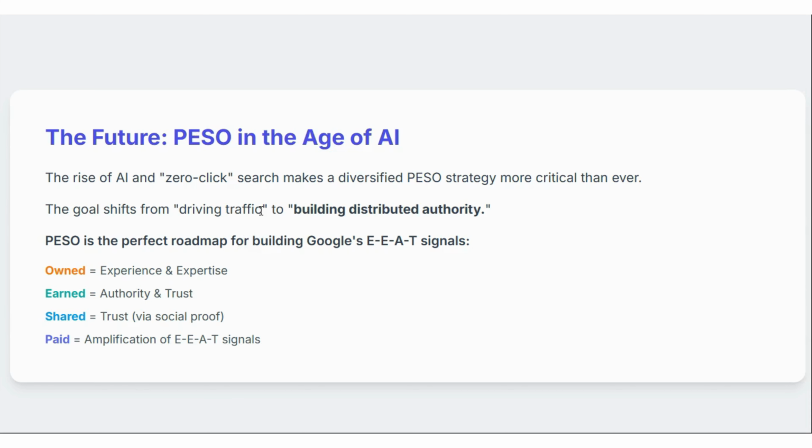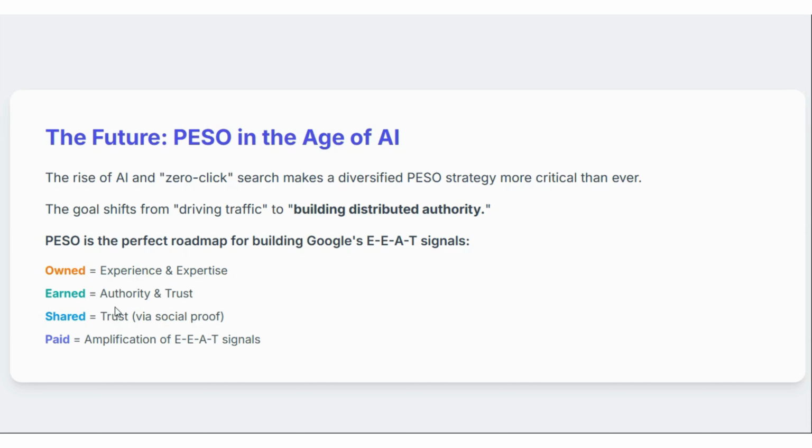You should not focus that much on driving traffic, but on building distributed authority. And once again, EEAT comes into action. Show your experience and expertise, authoritativeness, and trustworthiness. And PESO comes into action here as well. In your owned media, you show experience and expertise.